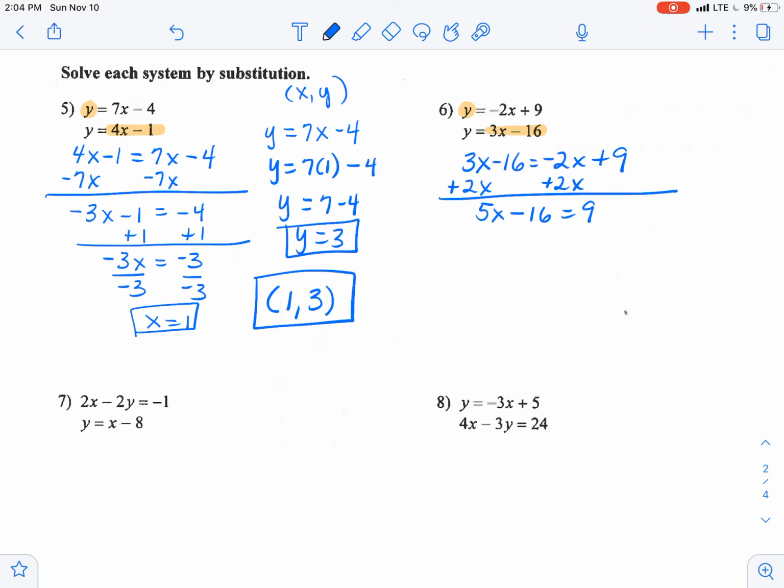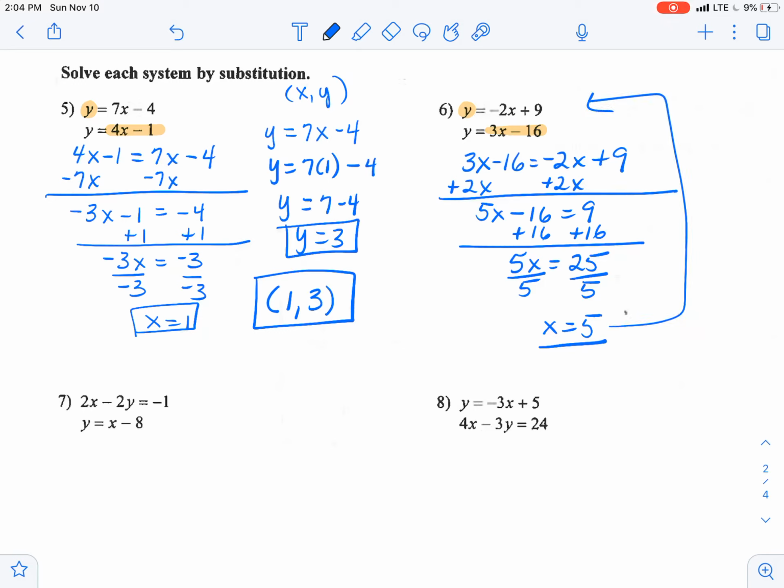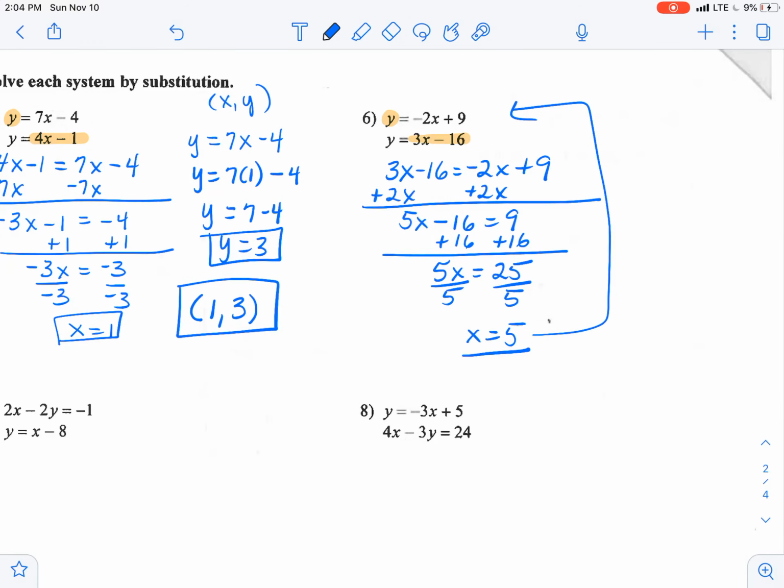Okay, so I added the 2x over. Now I'm going to add the 16. So x is 5. Again, that's my first step. Now again, we're going to take this back up to the original equation, and I am going to put that for the x.